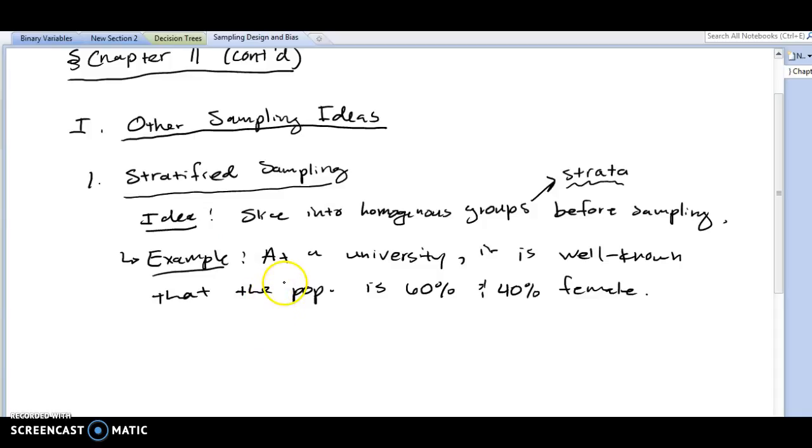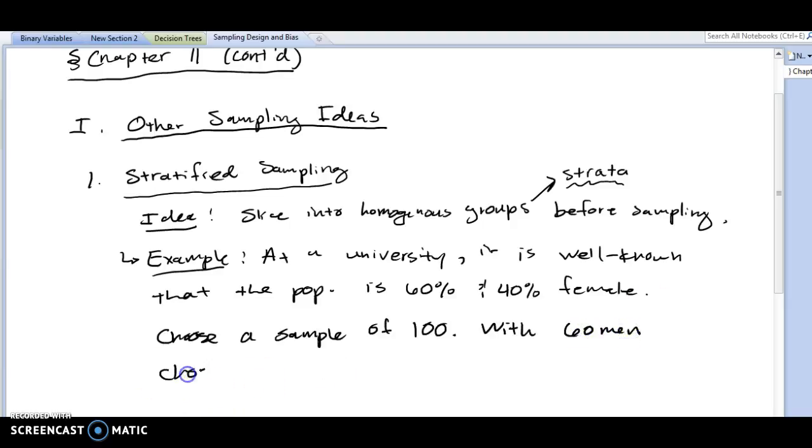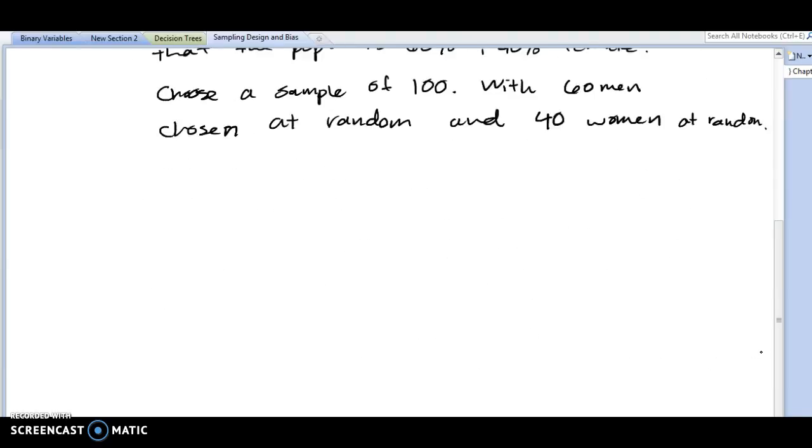Just a random sample might end up with a representation not of that ratio. So in order to do a stratified sample, we can just choose a sample of 100, just to keep the math easy, with 60 men chosen at random, and 40 women chosen at random. So that's how you could do a stratified sample.